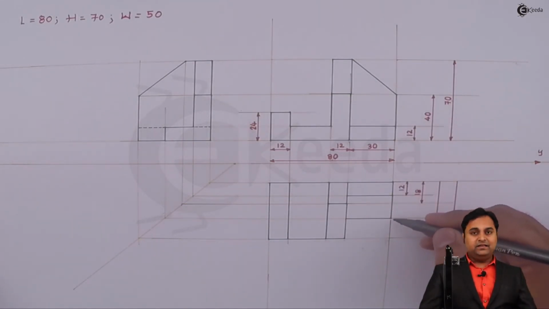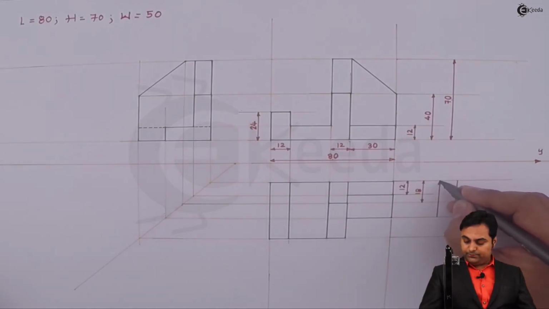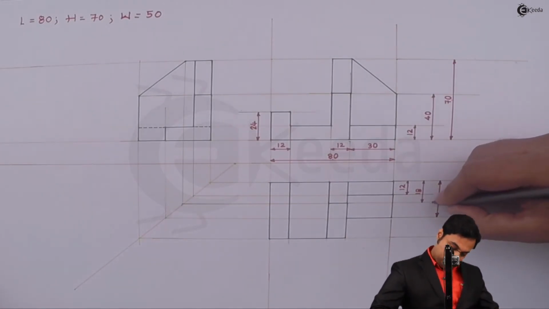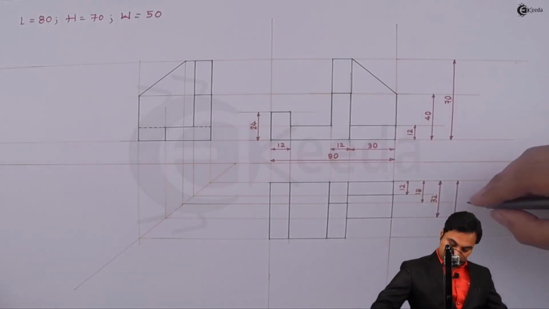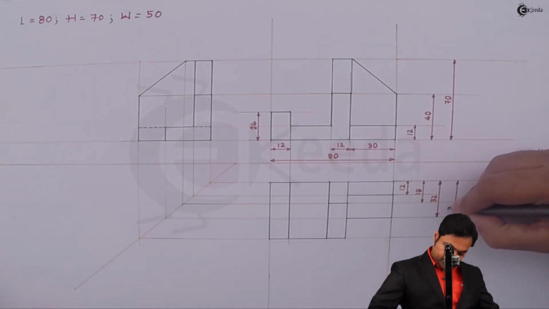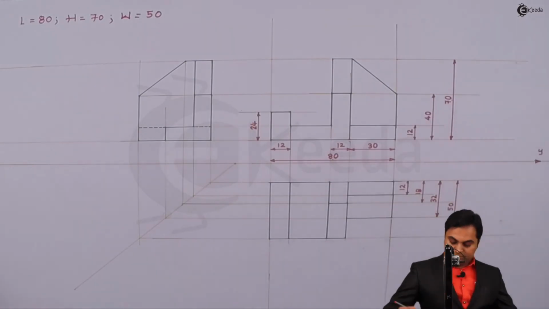Next, this rectangle is having a width of 32 and the total width is 50 mm.